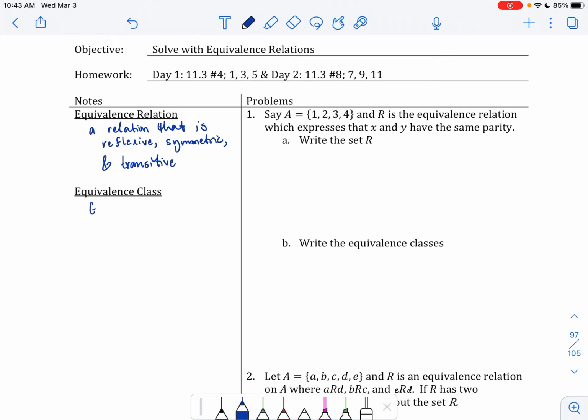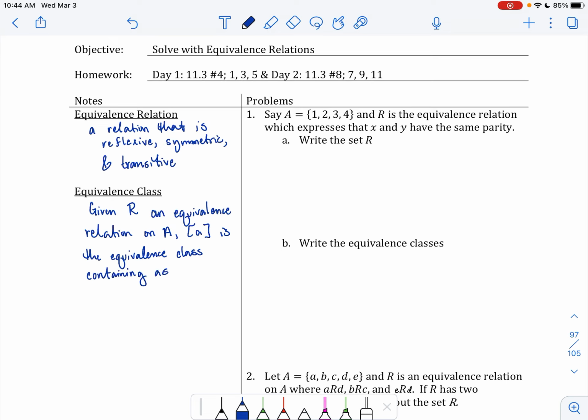So given R is an equivalence relation on a set A, then we would call [a], written with brackets, the equivalence class containing a in the set.